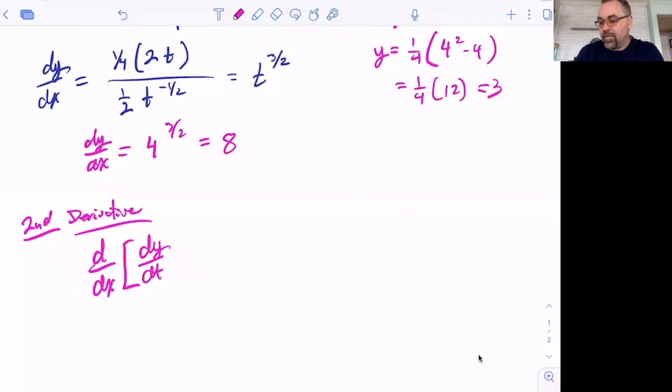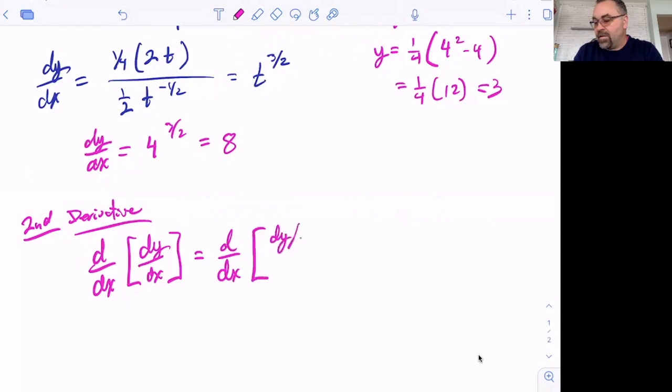Oops, sorry, I meant to write dx down there. Well, in parametric equations, that's the derivative with respect to x of dy dt over dx dt, like so.